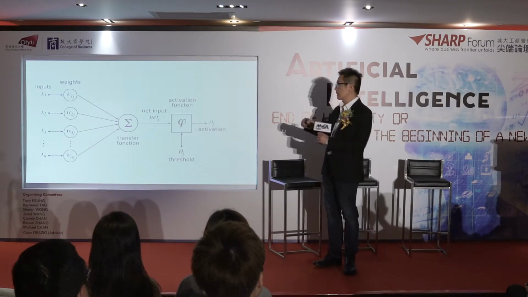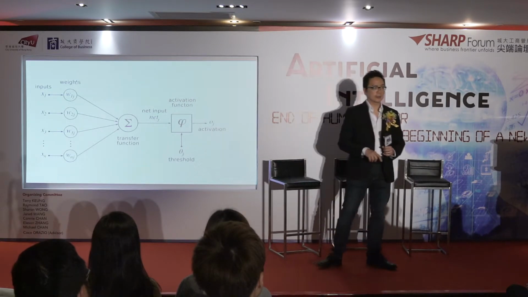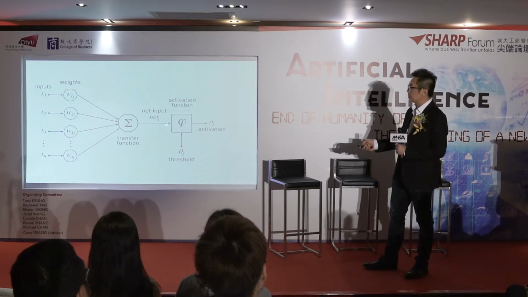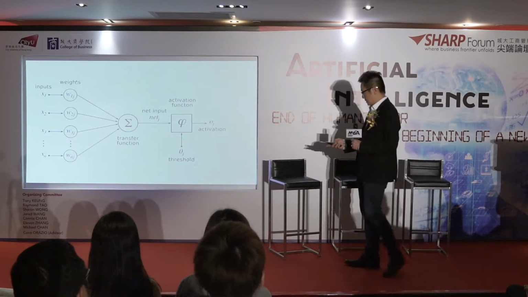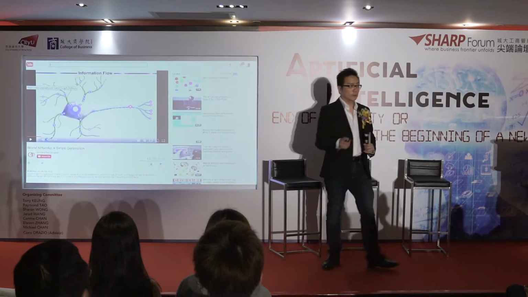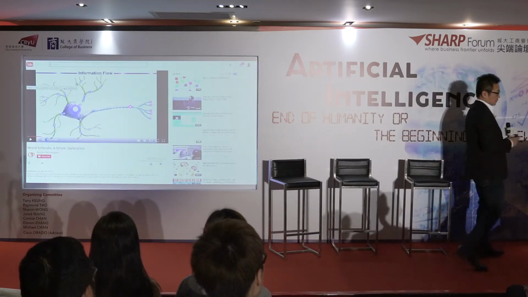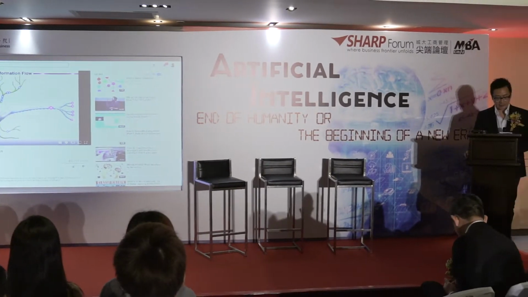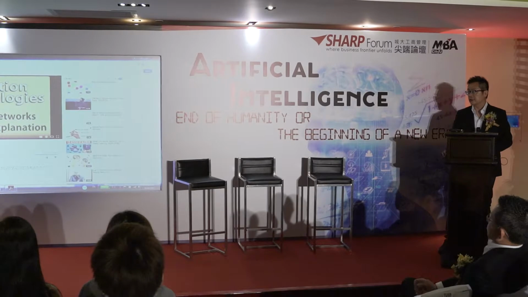So all that started 60 years ago, 50 years ago, with this simple model. For those who are not doing artificial neural network research, this might be a bit abstract. So I have some animation that I found that kind of explains.